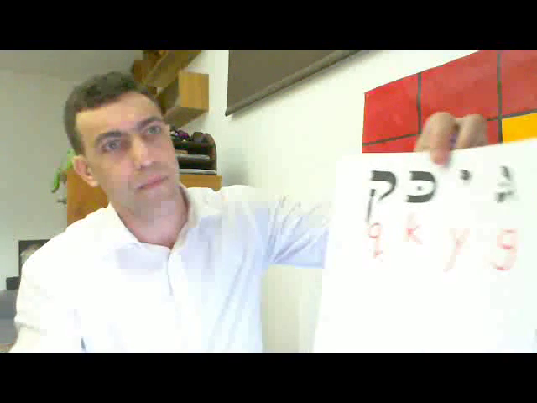Our next group are the palatals, and they are pronounced in your palate, and that, of course, is the soft part at the top of your mouth. The palatals start with g, and that's quite straightforward, and this is what it looks like.